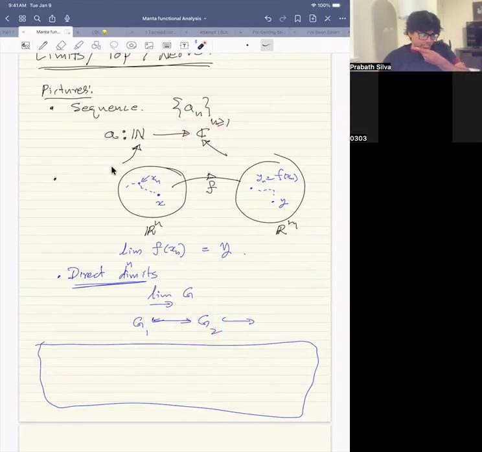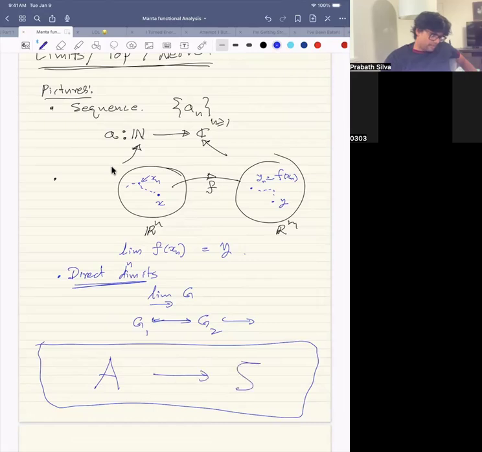Okay, so I think I convinced you: I have a set A, and then we have some stuff. This stuff can be complex numbers or groups or whatever.